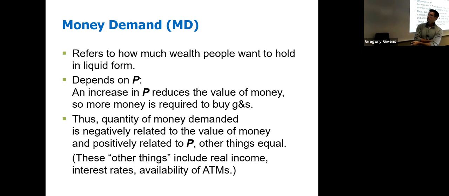So as nominal interest rates rise and the opportunity cost of holding money goes up, we would expect the quantity of money demanded to go down. We're going to want to put more of our resources in interest-bearing assets as the interest rate rises. And so money demand should fall.